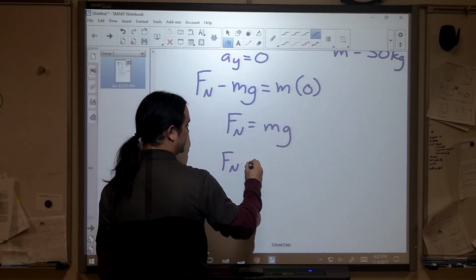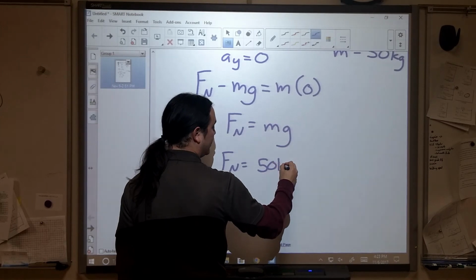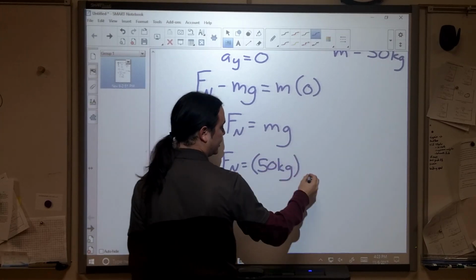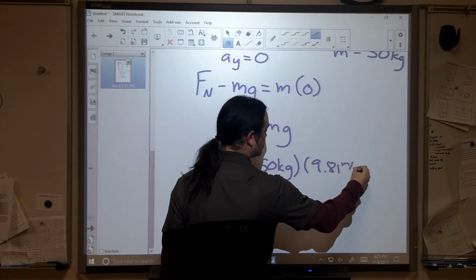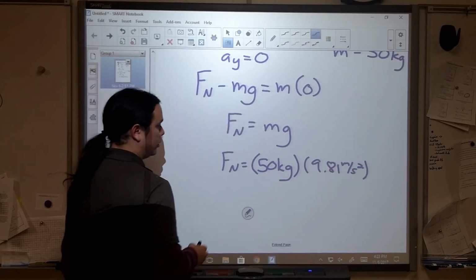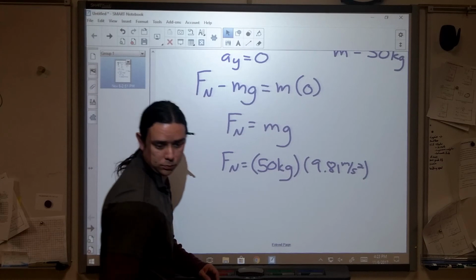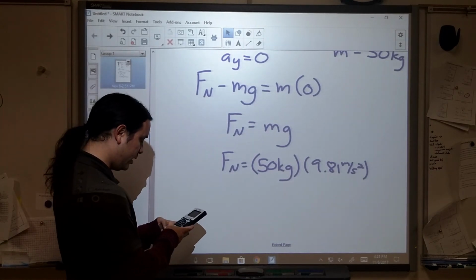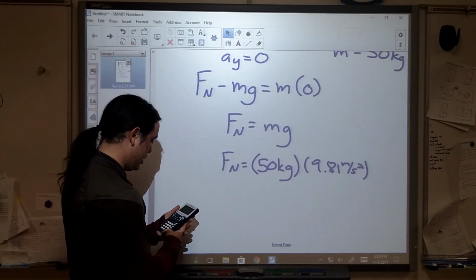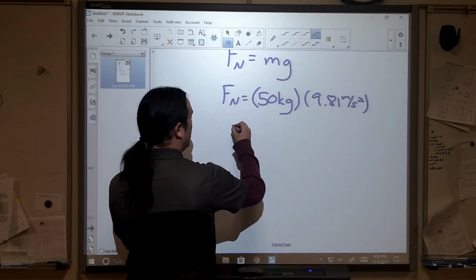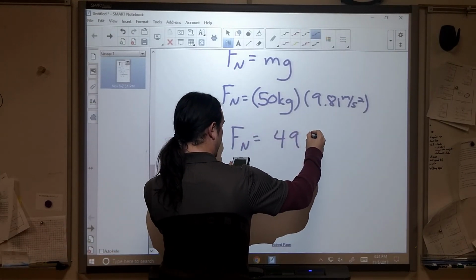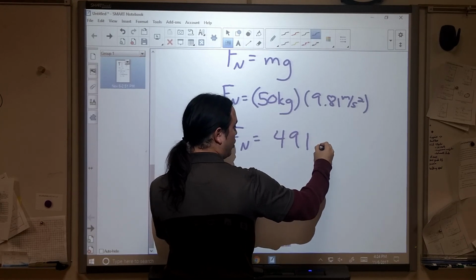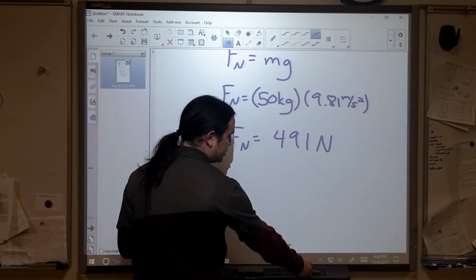Well, if we're on the surface of the Earth, on flat level ground, not accelerating, I'd have 50 kilograms times 9.81 meters per second squared. And we would go through, multiply those out. Let's go ahead and do that. Now we get 50 times 9.81. I would end up with normal force would read 490.5. We'll call it 491 newtons.